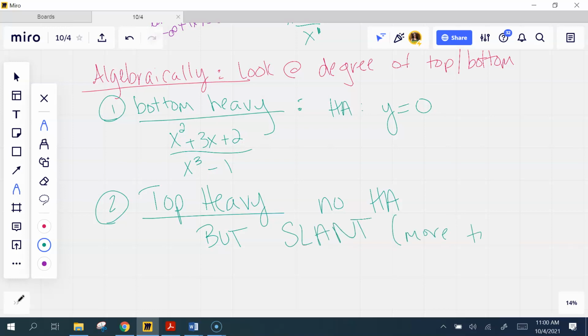And there is more to come on this, but I do want it in your notes that you have to check for a slant asymptote when you see top heavy.